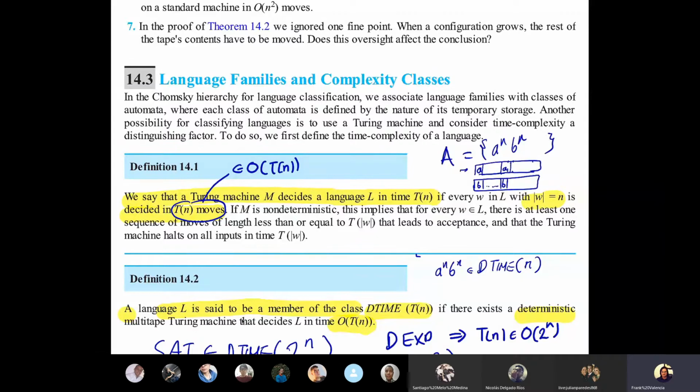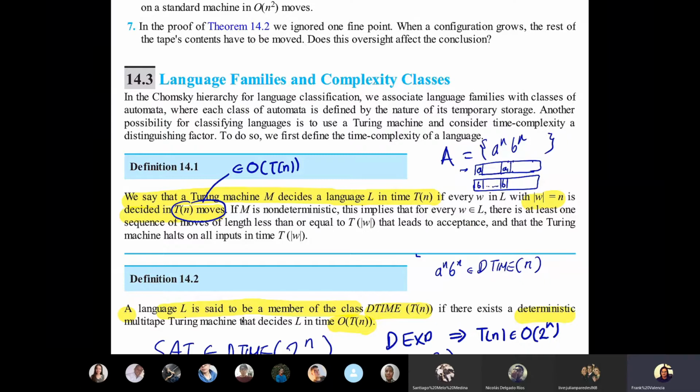That's for a deterministic machine. If M is not deterministic, this implies that for every W in L, there is at least one sequence of moves of less than or equal to T of the size of W that leads to the acceptance.